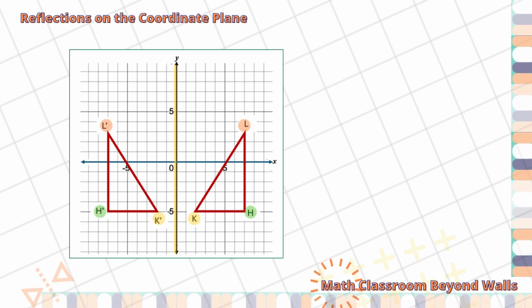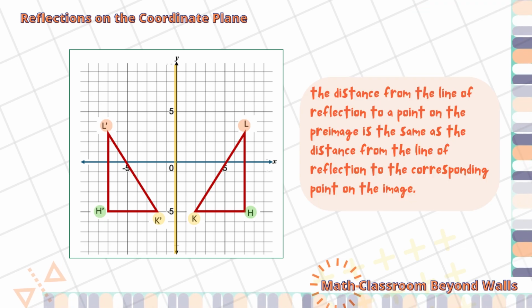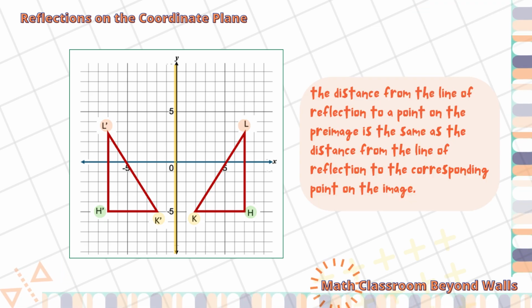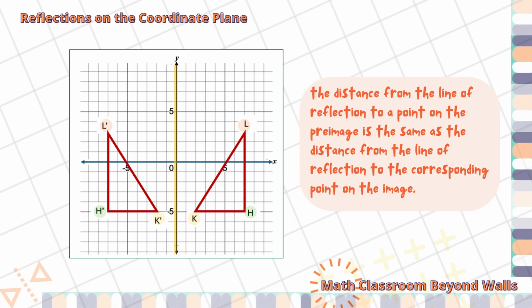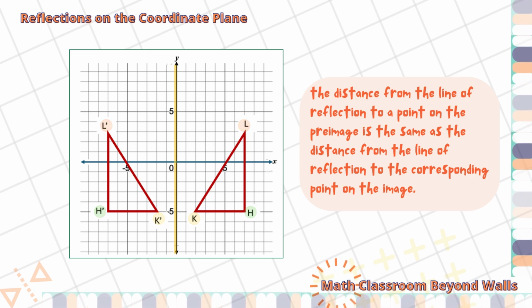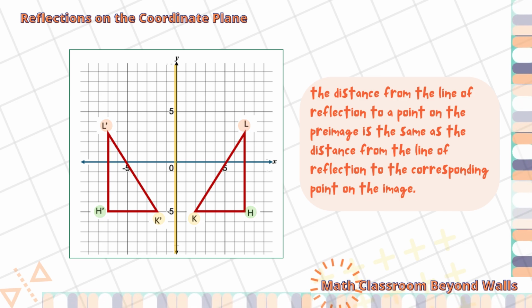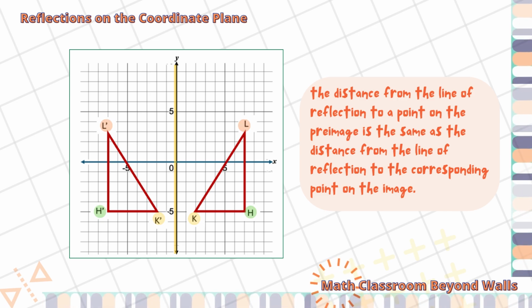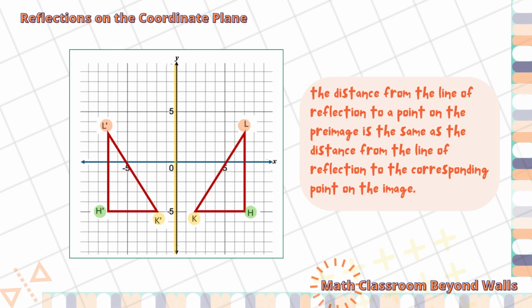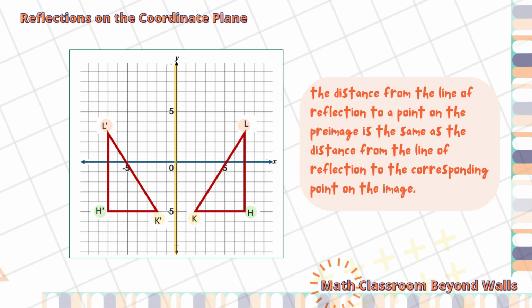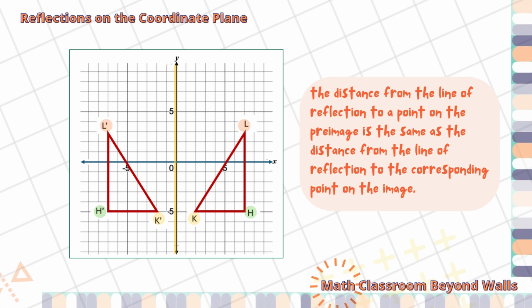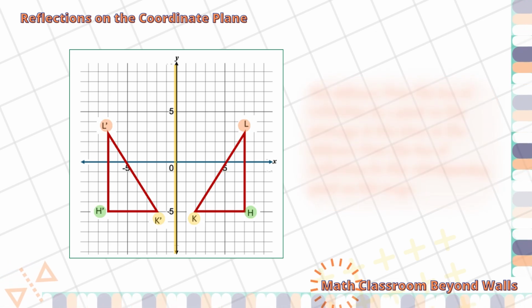Thus, in reflection, the distance from the line of reflection to a point on the preimage is the same as the distance from the line of reflection to the corresponding point on the image. Do not forget this, learners. You can apply this knowledge in graphing the image after a reflection.